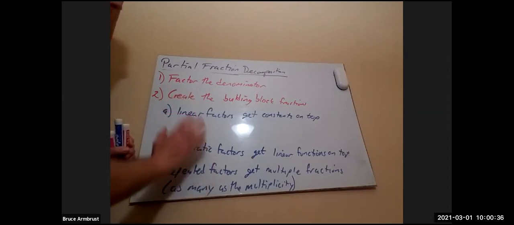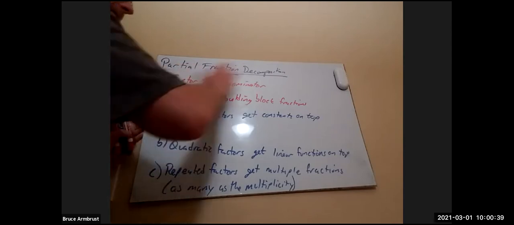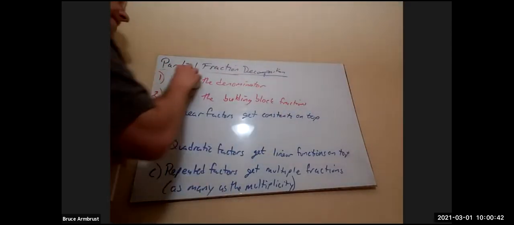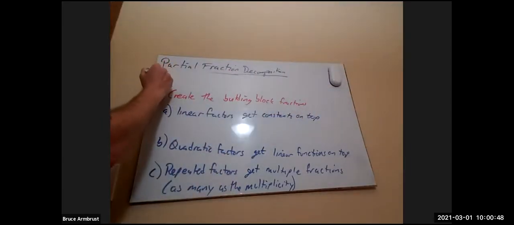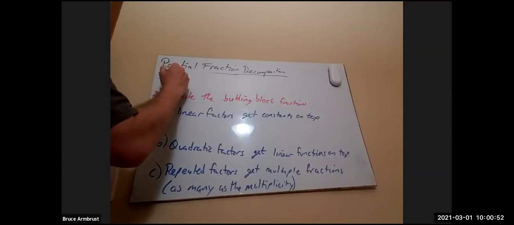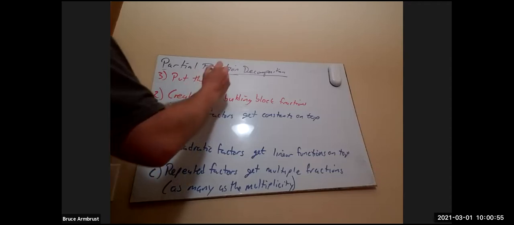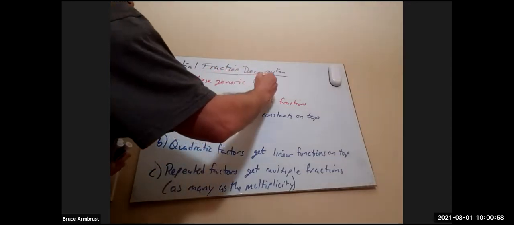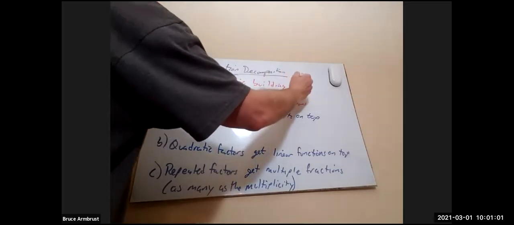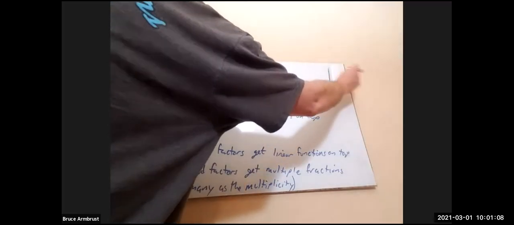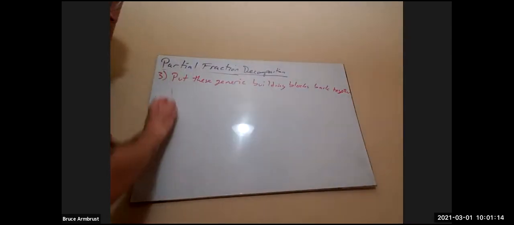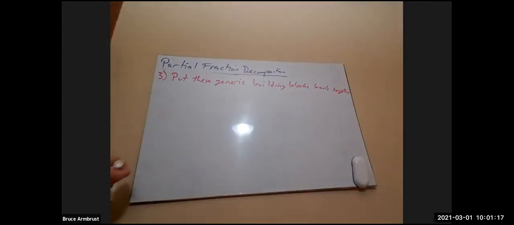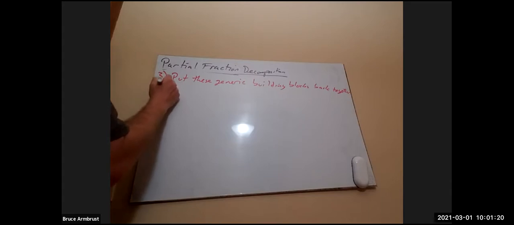Okay, I apologize because this is lots of steps, so I have to erase the earlier ones. So we factored the denominator, and we create the building block fractions. Then what you're going to do, step 3, is put these generic building blocks back together. So you're going to add them together, kind of like what we just did, where you get a common denominator, build it up, and so on.